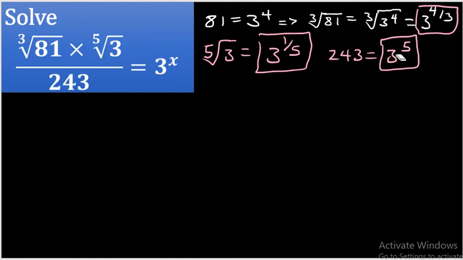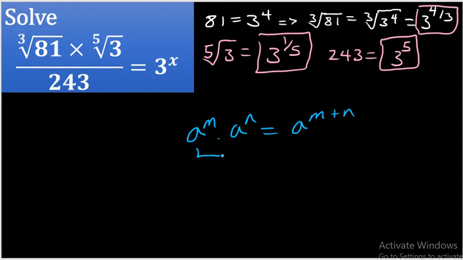Now let us insert all of this in place of every component, and let us apply the exponential rules. But let me try to recall some exponential rules. If you have a to the power of m times a to the power of n for any positive number a, it can be written as a to the power of m plus n.